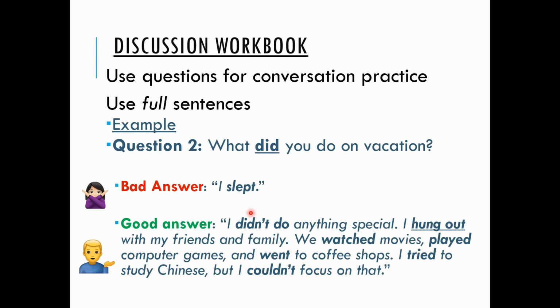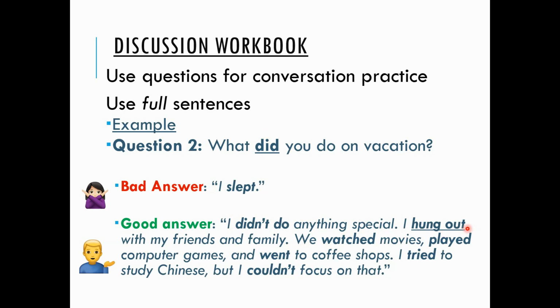And if you focus here, on the verbs, all of these are past tense. Why? Because what did you do? Past tense, already happened, right? I didn't do anything special. So that's a good answer. Similar to I slept, but a little bit more enjoyable to hear, right? I hung out with my friends and family. What is hang out? Hang out is the verb here.